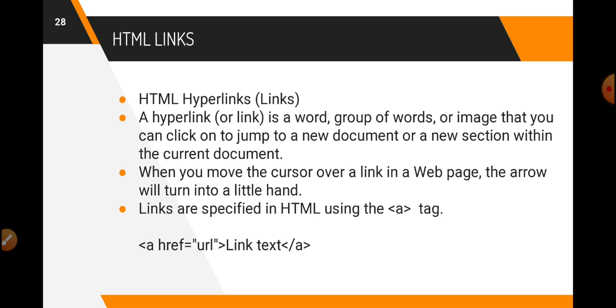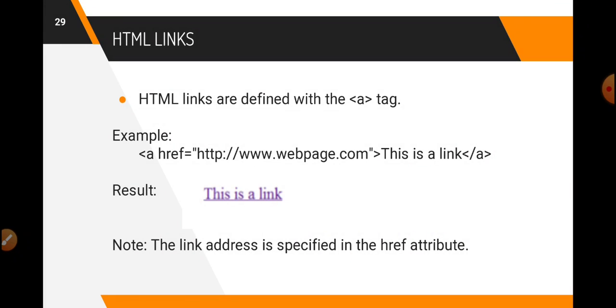And then what the users can see is the link text. You can also use an image for that if you'd like to. And then do not forget the end tag. So this is how it looks. We have, for example, a href, and then the value is the URL www.webpage.com.